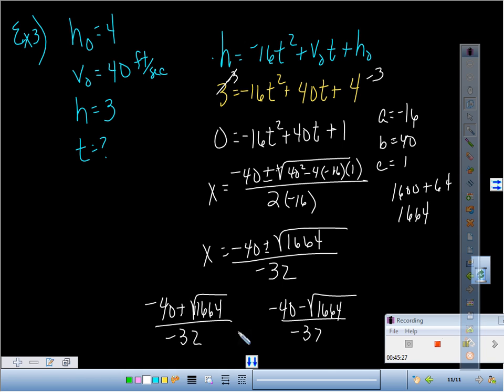How am I going to know which one is the answer to my question? The positive one. So you're going to have to figure out which one it is. I'm assuming it's going to be this one, because this is going to be a negative over a negative, okay? And that's going to be my positive. And then you would know the other one, no, he doesn't work. You understand? Everybody understand? Okay.